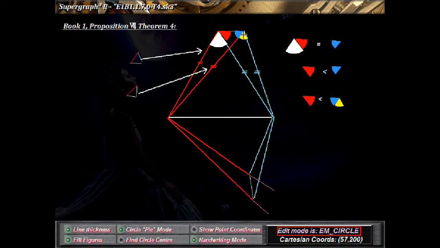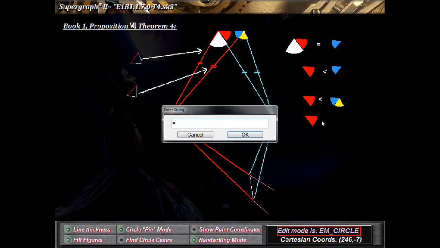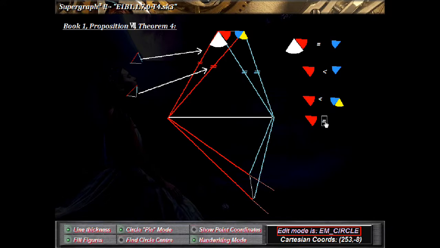Now since these two blue sides are the same by hypothesis, that means these internal angles are of an isosceles as before, and so that would imply that red is equal to that, but red equals there, and that's by Theorem 3.